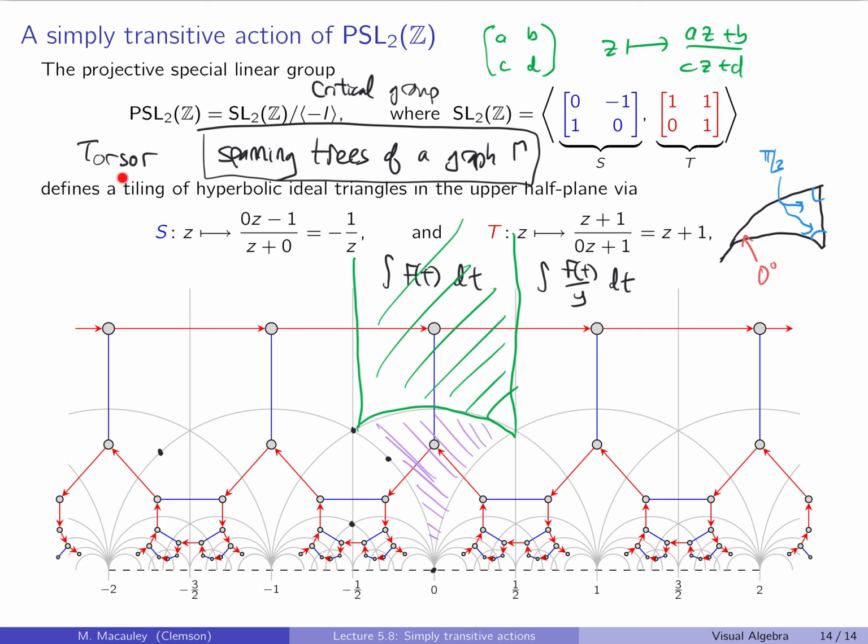Now, I put the word torsor here. Some people say that the spanning trees are a torsor for this critical group. And in fact, I have a recent paper involving the word torsor as well, where I look at a combinatorial set, that is a set of independent sets of a graph, and there's a group that acts on this via something called toggles.